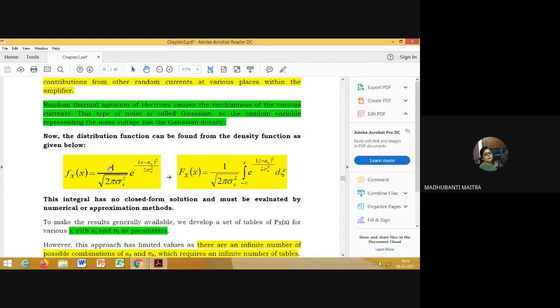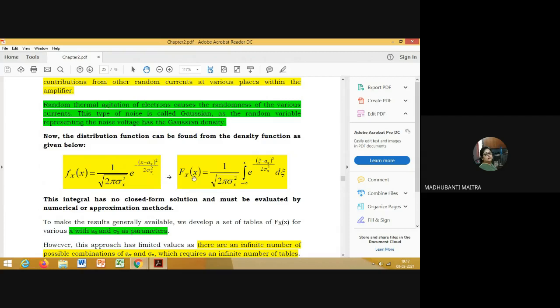So this already we have seen is the density function for the Gaussian random variable. In other words, a Gaussian random variable will exhibit this density function given by this expression, where a_x is the mean of the density function and sigma_x is the standard deviation associated with the density function.